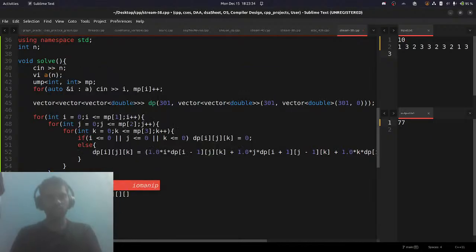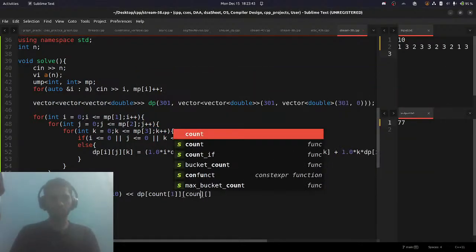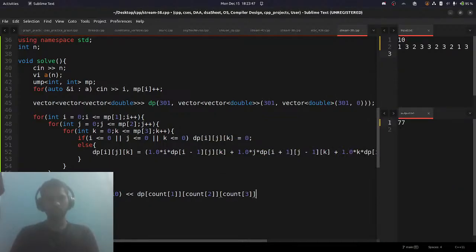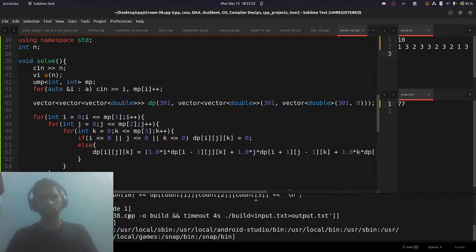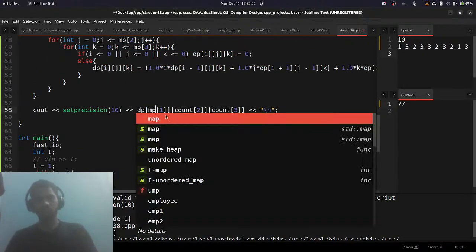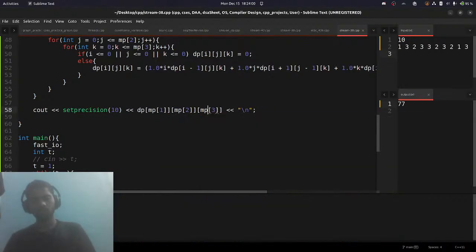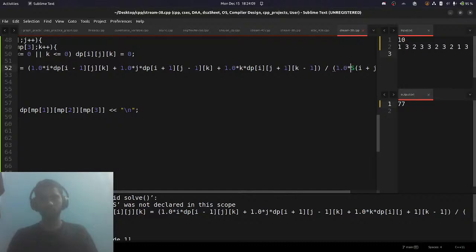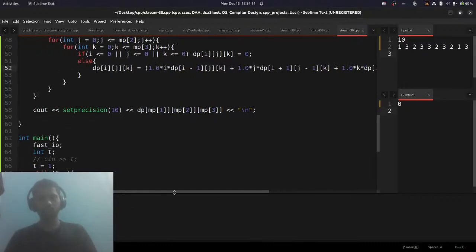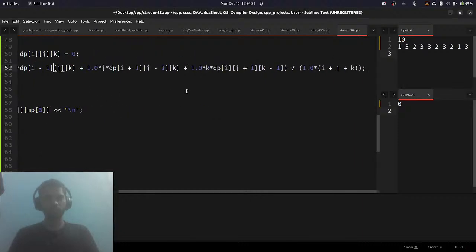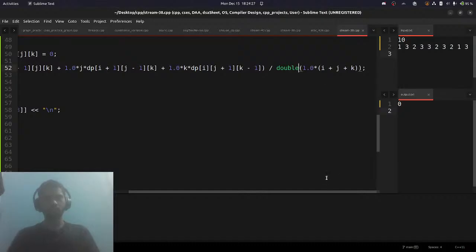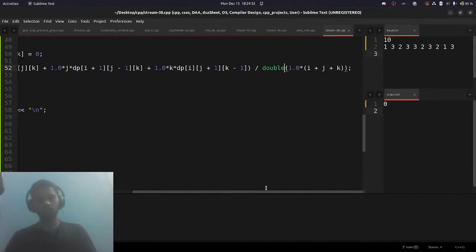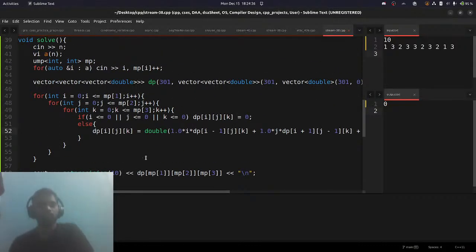Of course we need to set the precision to 10. Count 1, the answer is 0.